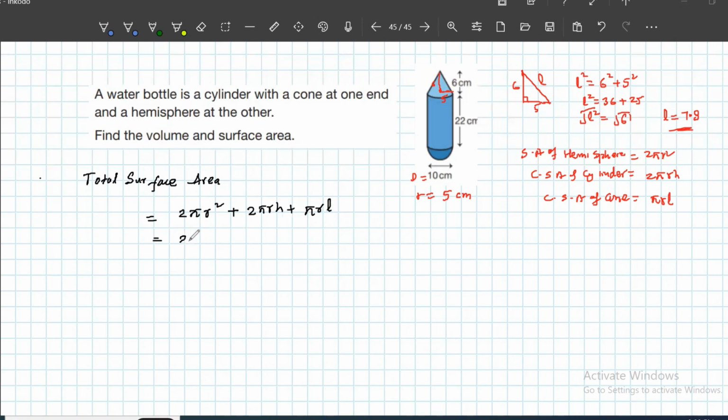Now we know that the radius is 5, so 5 squared, plus 2 pi r, 5, the height of the cylinder is 22, plus pi r, r is 5 and the slant height l, which we just found out, is 7.8. Now after this you can check in the calculator.